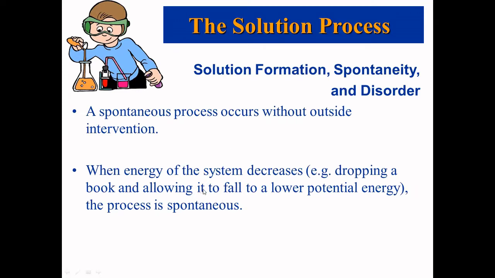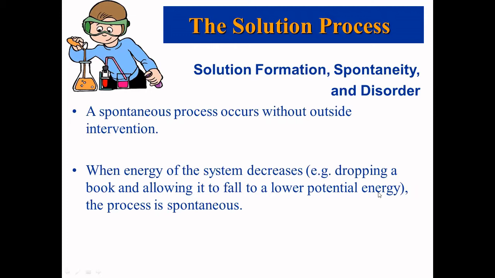So when energy of the system decreases, let's go back to our system. Example, the dropping of a book. If you're carrying a book and you drop it, its energy decreases. How will its energy decrease? When you account for its energy content in terms of potential energy. If it's elevated at a higher position, potential energy is higher.